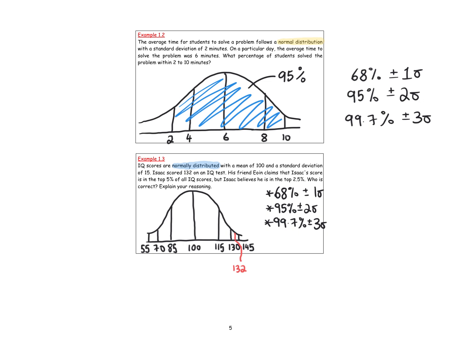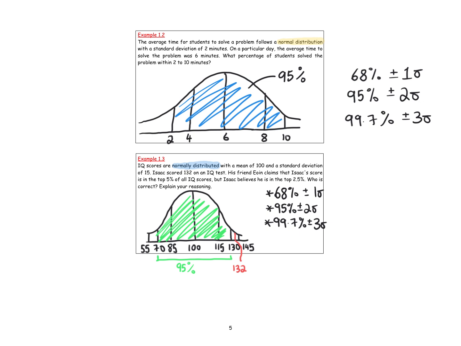Now, 132 is above 130, and 130 is in 2 standard deviations when they are added to 100. So the part that I'm colouring in here in green, this is 2 standard deviations. So between 70 and 130, 95% of the population lies.